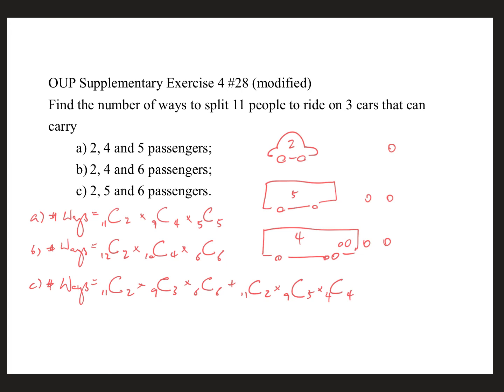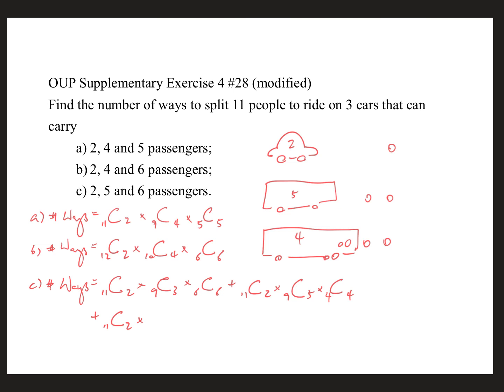Now, what about 1 empty seat in both the second car and the third car? Well, I think we have no need to mention much. If the empty seat is in the second car or third car, we may consider it in this way. The first car, we choose 2 persons, and then in the second car we have 1 empty seat.